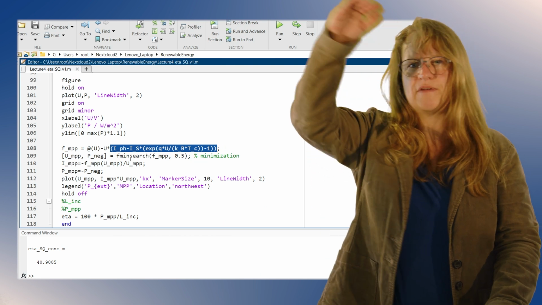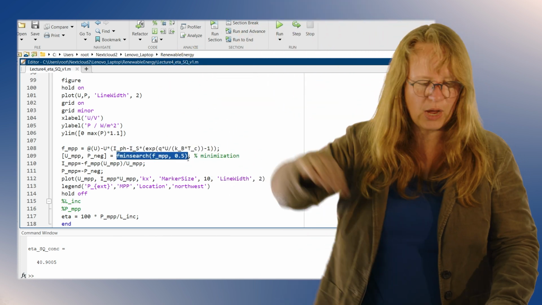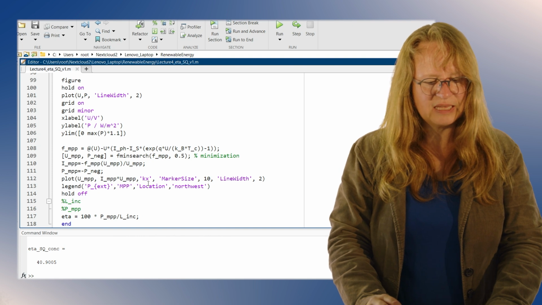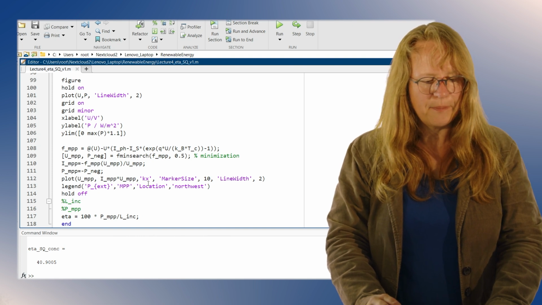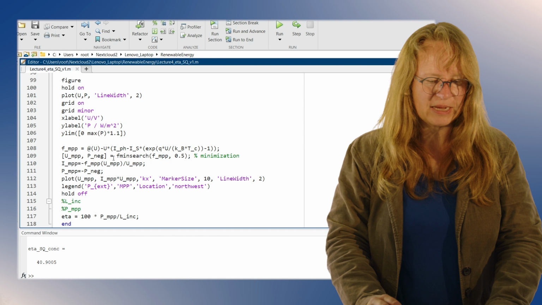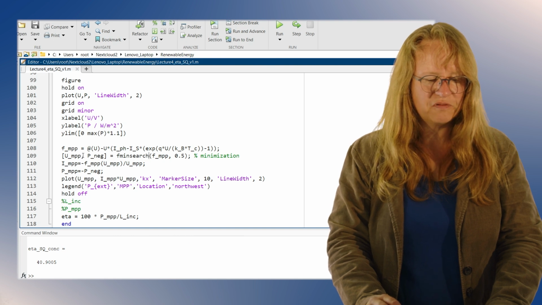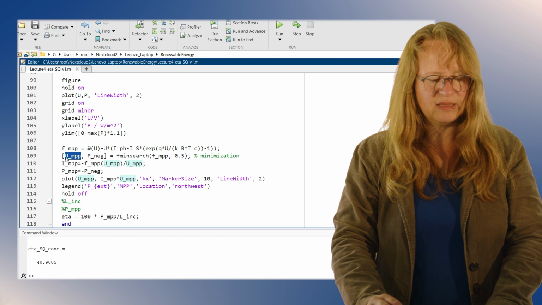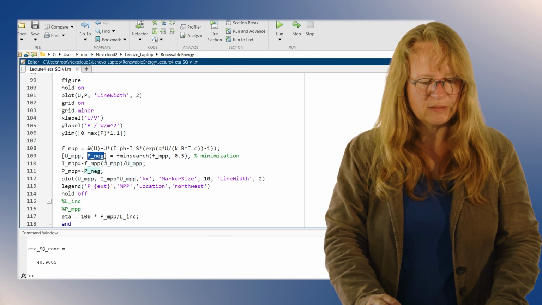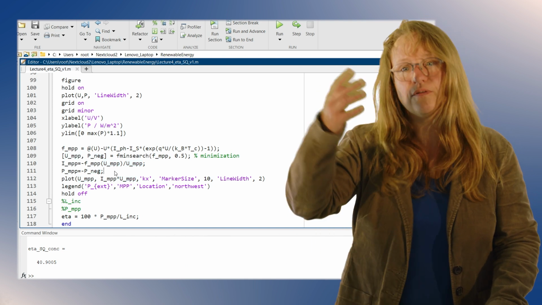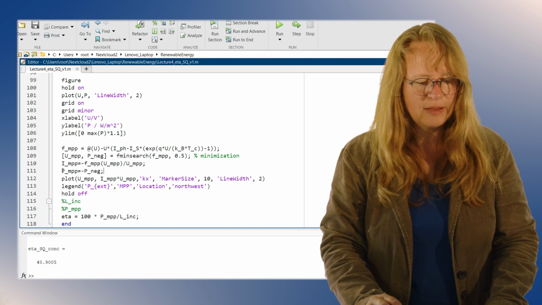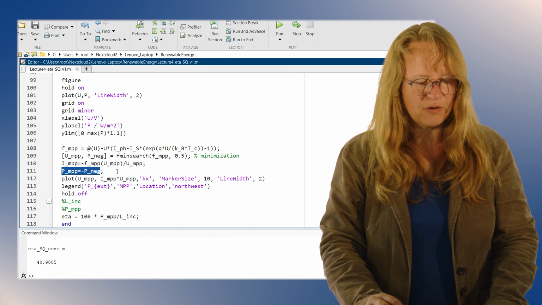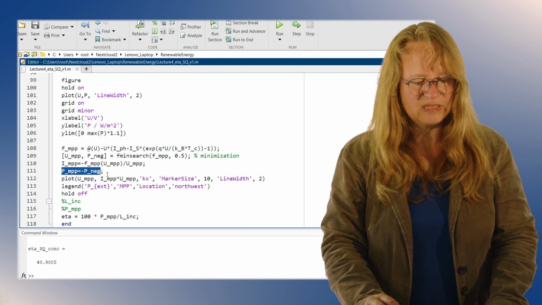So if our actual graph is going up, then the negative is going to go down. So we can find the minimum, and this result is the voltage at the maximum power point and the negative of the maximum power. And so I can then calculate the power at the maximum power point by again inverting it. So another minus sign here. And this I added to the plot also as a marker. And then, of course, the final value is the efficiency here.